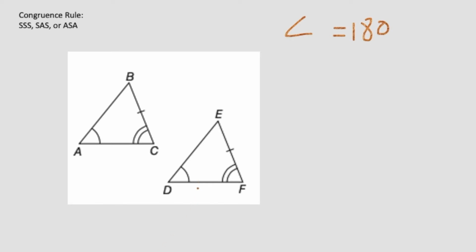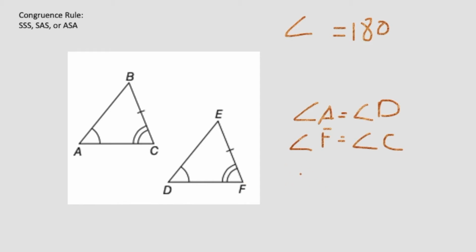I know that this angle here, angle A, is equal to angle D. And I also know that angle F is equal to angle C. How many pairs of sides do we know?